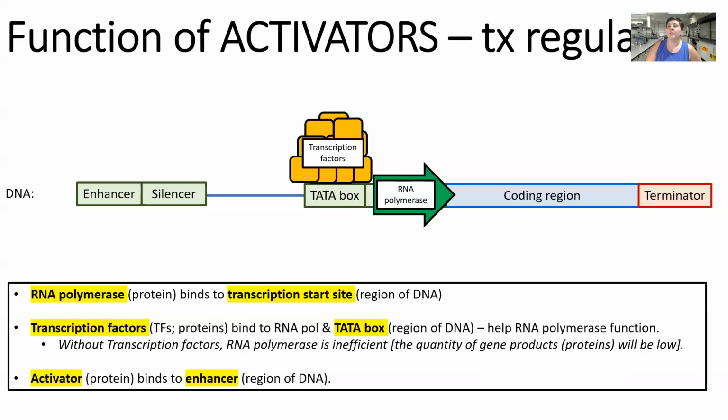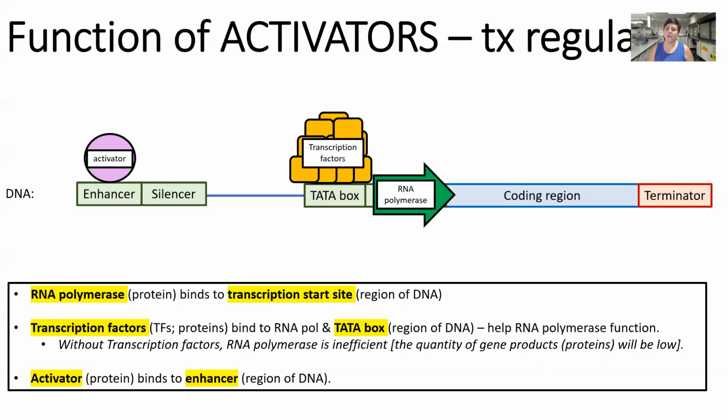So first, let's talk about how we turn a gene on. Let's say that we do want to make a protein out of this gene. If that happens, what we have are little proteins called activators. These activators bind, within the regulatory sequence of a promoter, to what is called an enhancer.